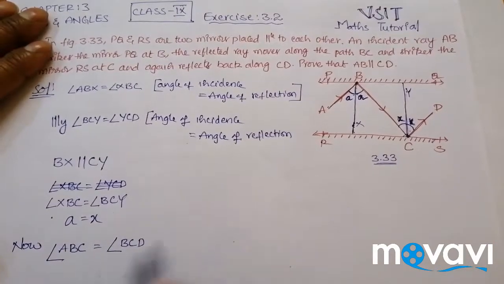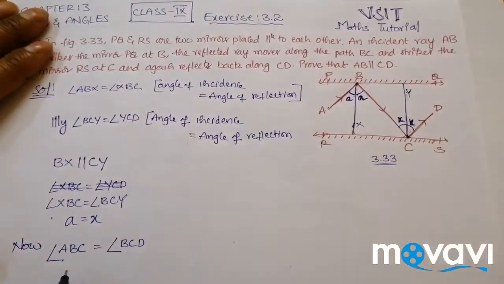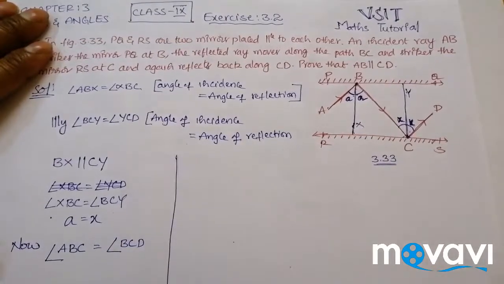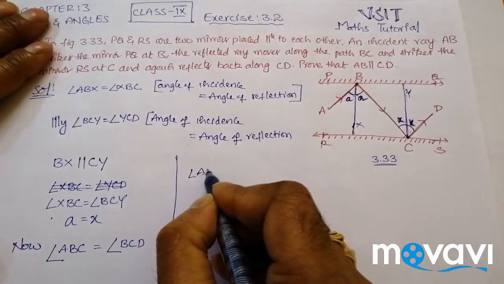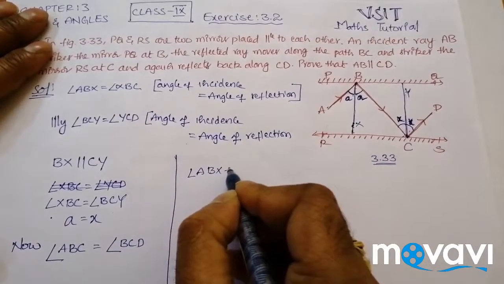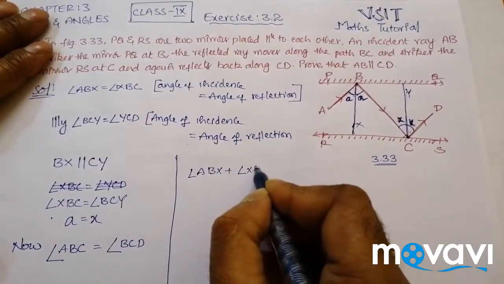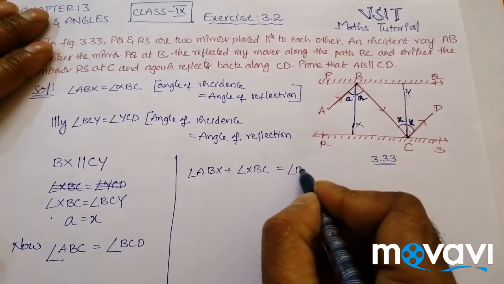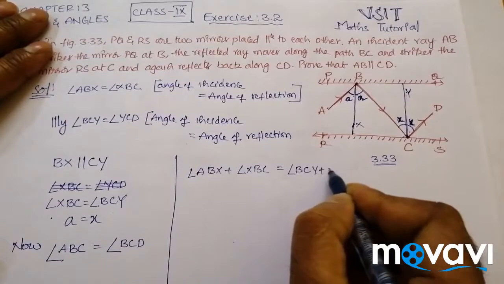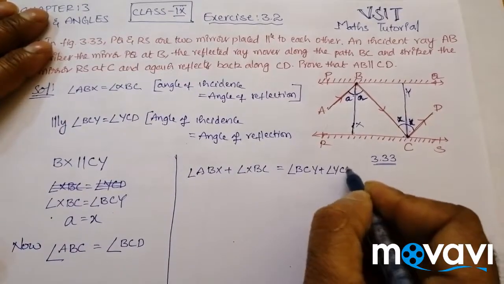How? Angle ABC is nothing but angle ABX plus angle XBC, which will be equal to angle BCY plus angle YCD.